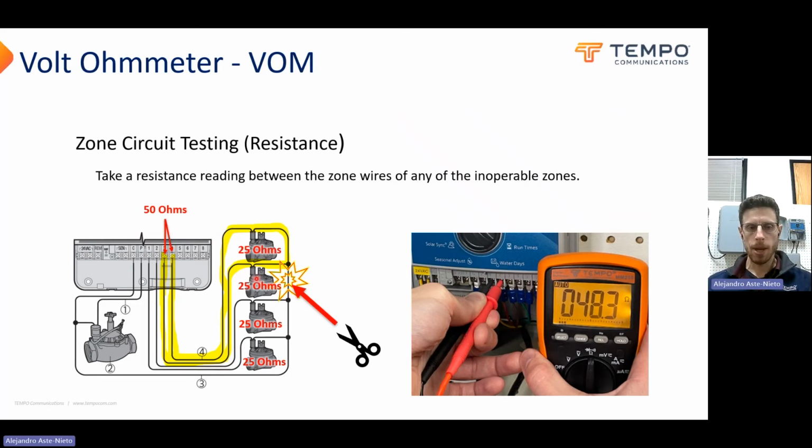Now, they might not be working, but that doesn't introduce any problems in this path here, right? So taking a measurement here and seeing 50 ohms confirms that there's nothing wrong with this section of our circuit. So we can narrow things down further to this being our problem area.